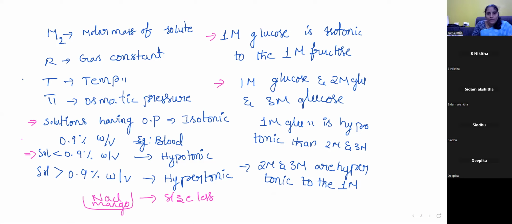I'm going to the previous page. This is the previous page, osmotic pressure. Finish this page also. Now I'm going to the first page. This is osmosis. Only 1 minute is left. If you want to talk with me, I will give you access. Just let me know. Completed. Very good, Deepika, Akanksha, Sindhu.